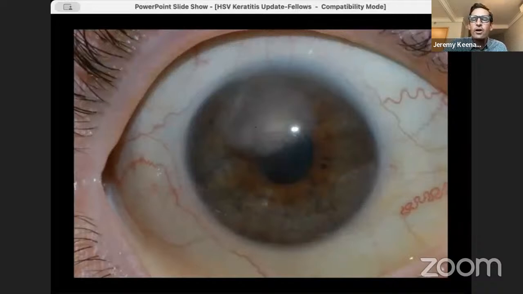Besides that, there's usually no epithelial defect with a stromal keratitis, interstitial keratitis, compared to a bacterial ulcer. And then there can be blood vessels that form with the interstitial keratitis as well. Herpes simplex virus is going to be the most common cause, at least in the United States, of interstitial keratitis. So if you see a patient, it's a good hunch that it's herpes that's causing it.